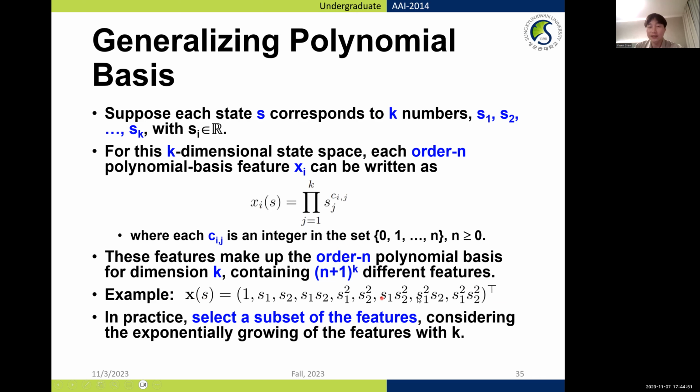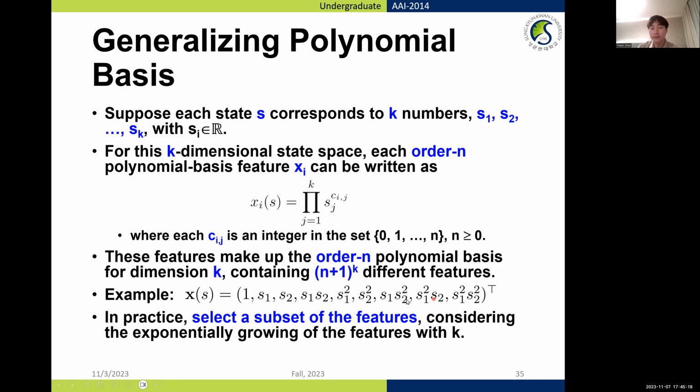So this x(s) is the order 4 polynomial basis features, the functions for these state spaces or feature spaces. In practice, since this equation represents the general form of the polynomial basis, we just select subsets of the features.